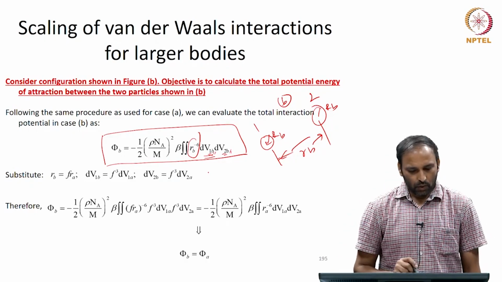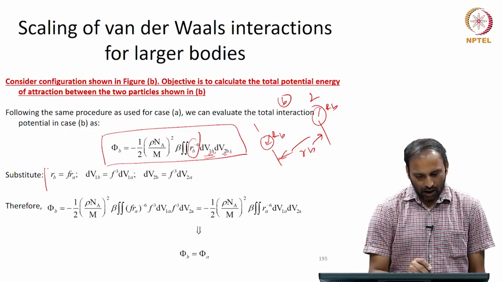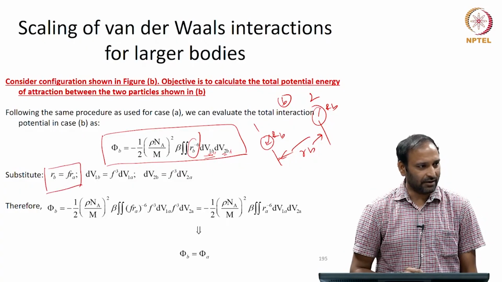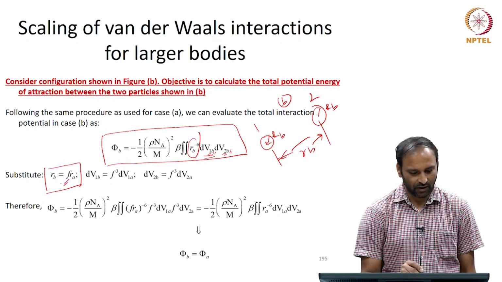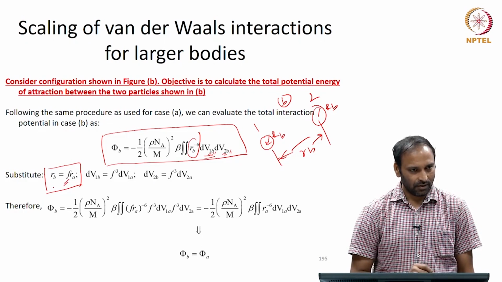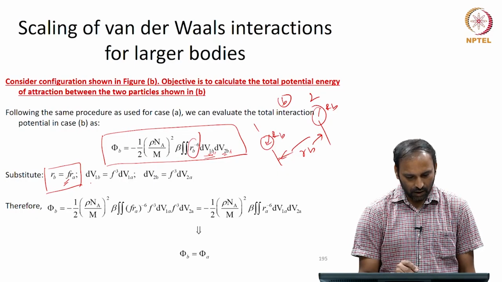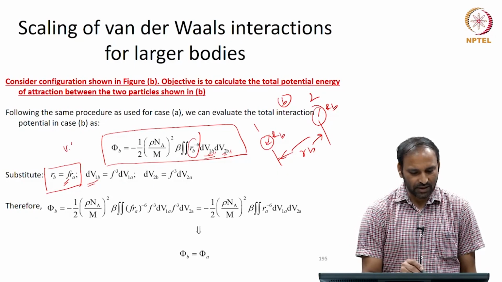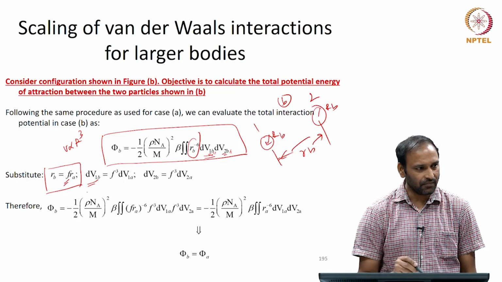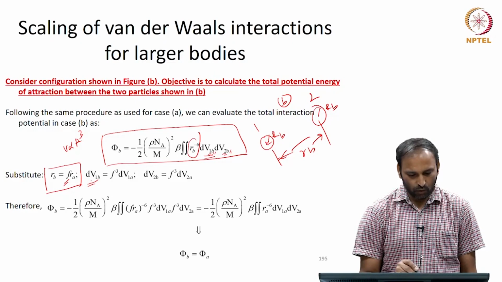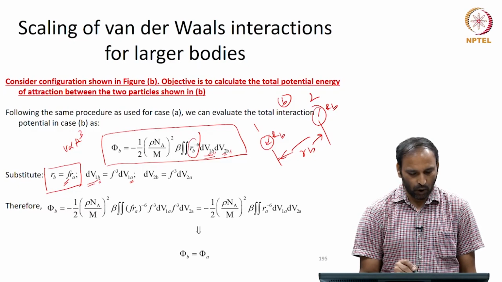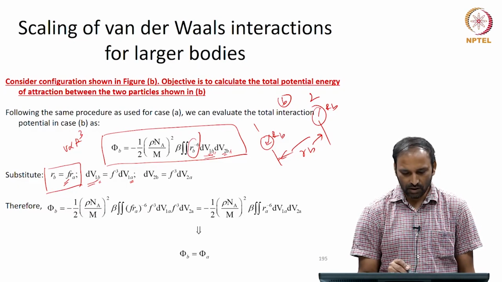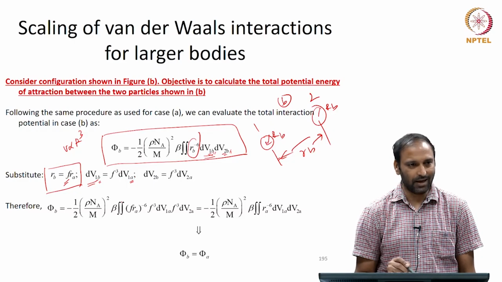Now, we know that R_A and R_B are related. R_B is larger than R_A by a factor f, and because the volume goes as r to the power of 3, I can relate the differential volume in case B to the differential volume in case A as dV1B is f cube times dV1A.